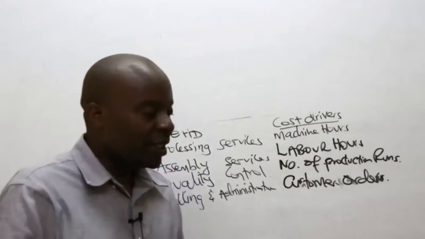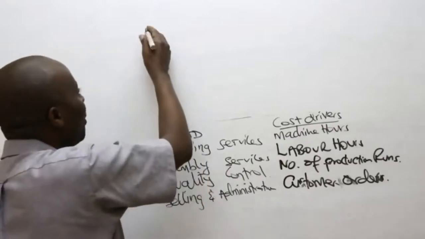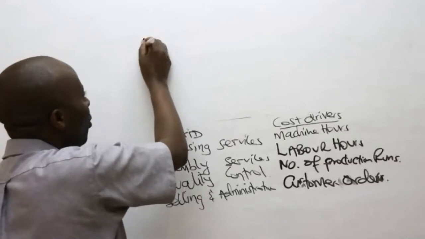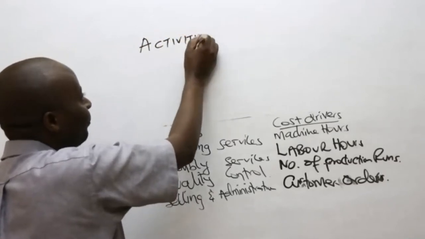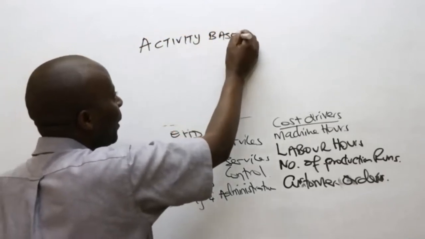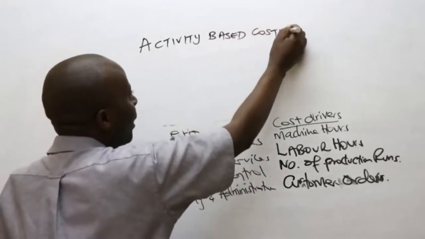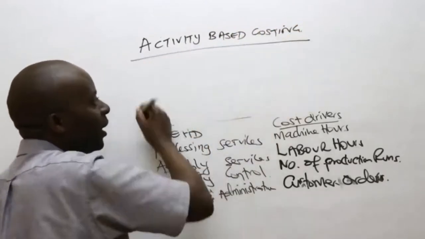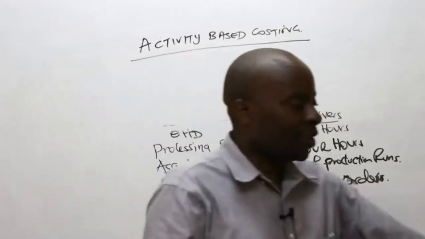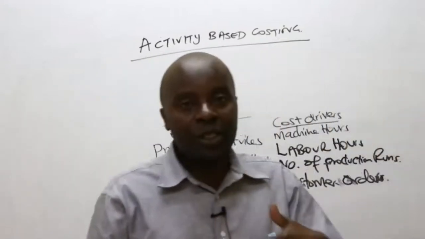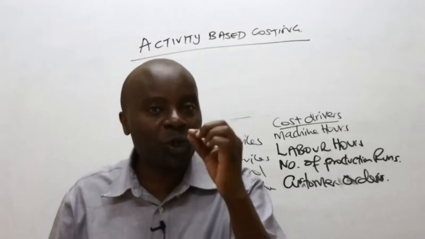So today we are discussing something quite popular in your exams and very easy called activity-based costing, ABC, which basically is a continuation of the question that we were doing yesterday.